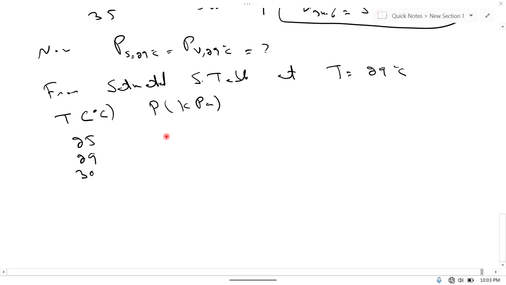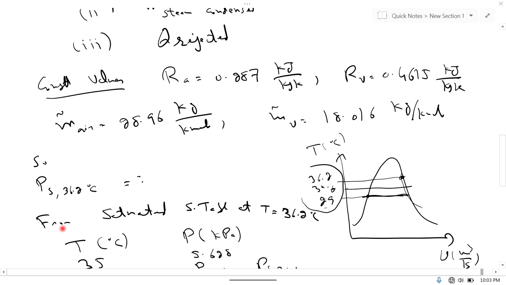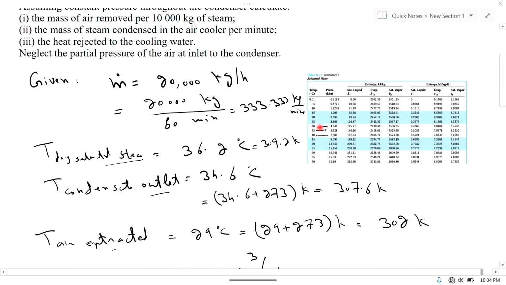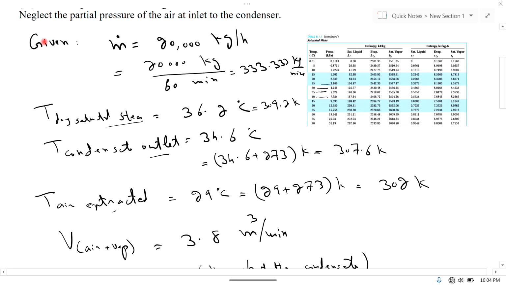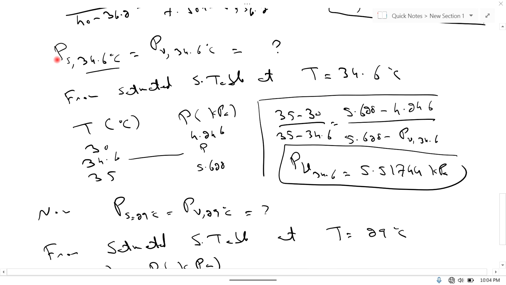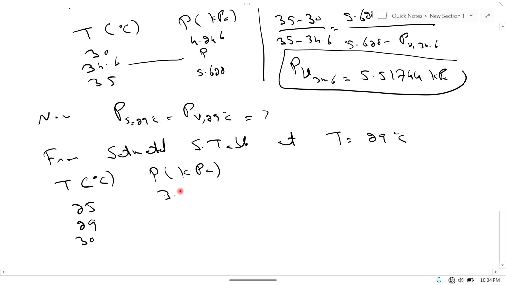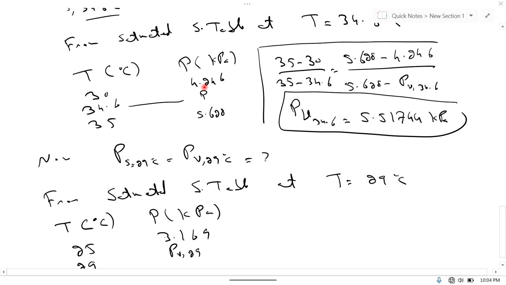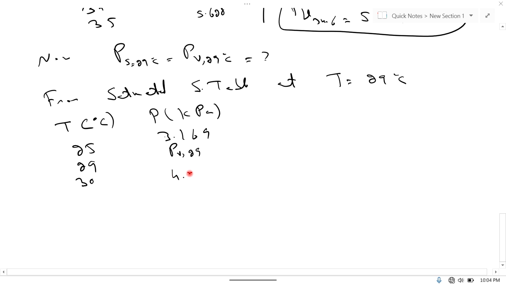So at 25, saturation pressure is 3.169. You can check here from the table. And this is pressure of vapor at 29 degrees centigrade, and here at 30 this is 4.246.